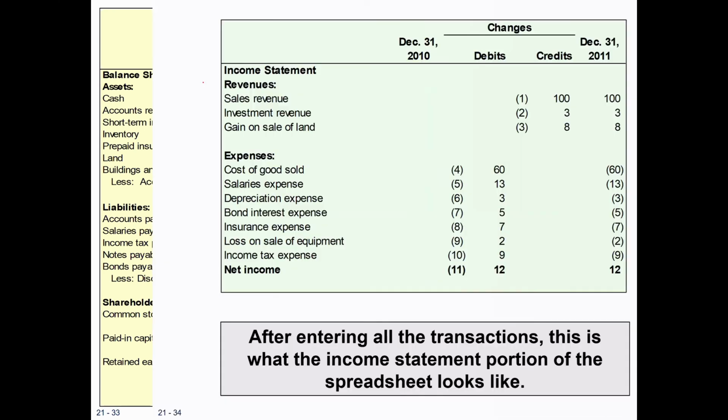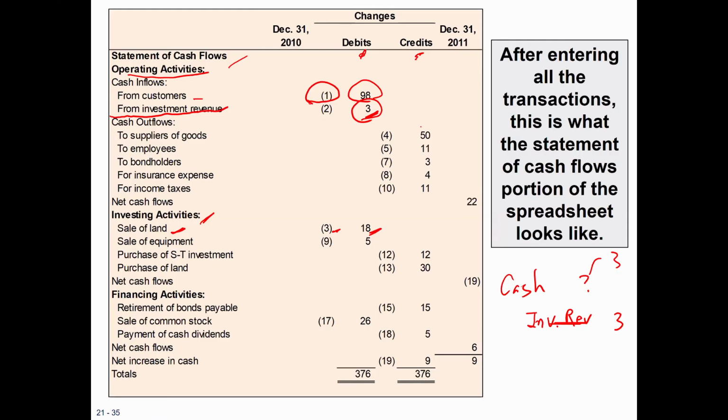That should be operating. That's why we'll put it here under the operating activity. Cash outflow to suppliers. We credit 50. This is item number 4. Is that clear? Item number 4. Yes, sir. Yes.